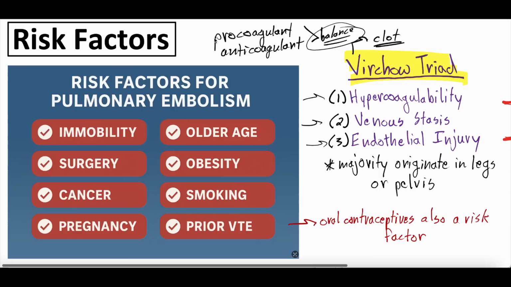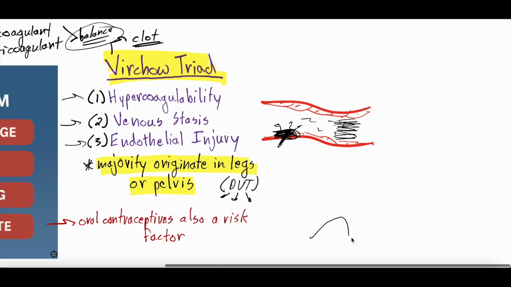When we think about pulmonary emboli, we're talking about the lungs, but actually the vast majority of these clots originate in the legs or the blood vessels of the pelvis. In the legs and pelvis, we call it a DVT, or a deep vein thrombosis. If we have a person here, and here are their lungs, and here are their legs, the blood vessels in the legs lead up to the heart, which then pumps into the lungs.